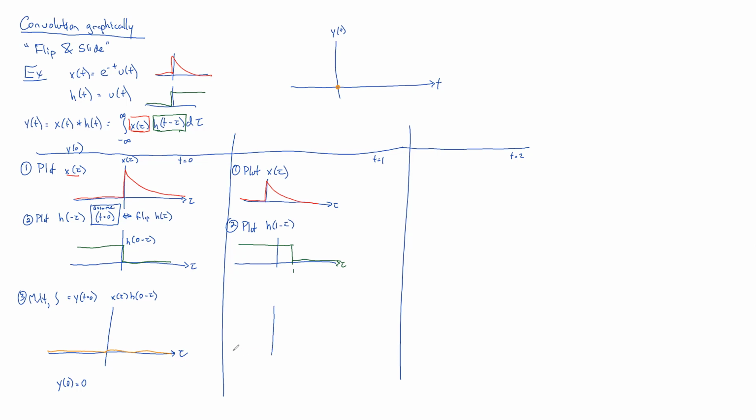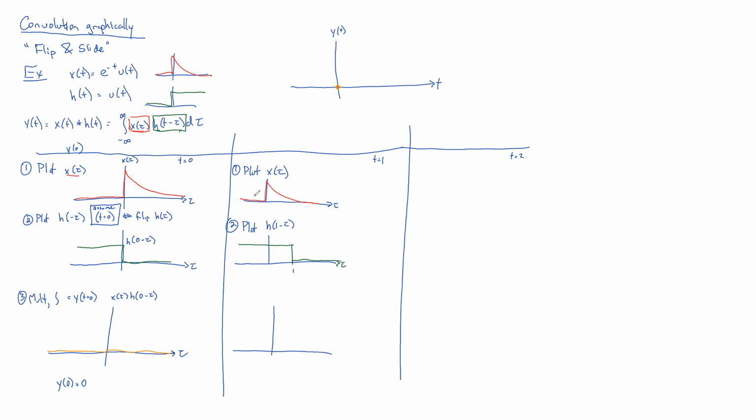And so now we'll do the element by element multiplication. And we can see that now there is a small area where they're both, I did not do a great job of lining up these axes. That's better.